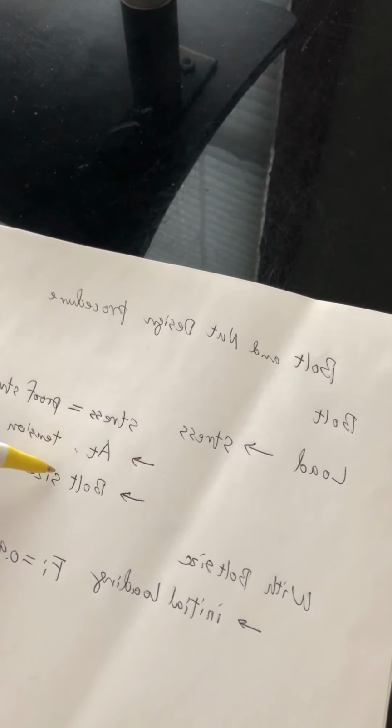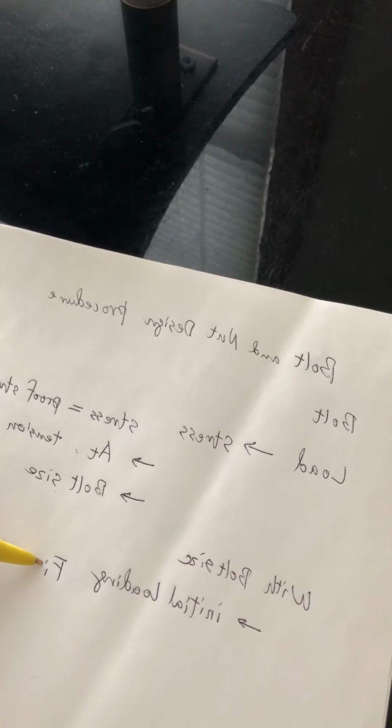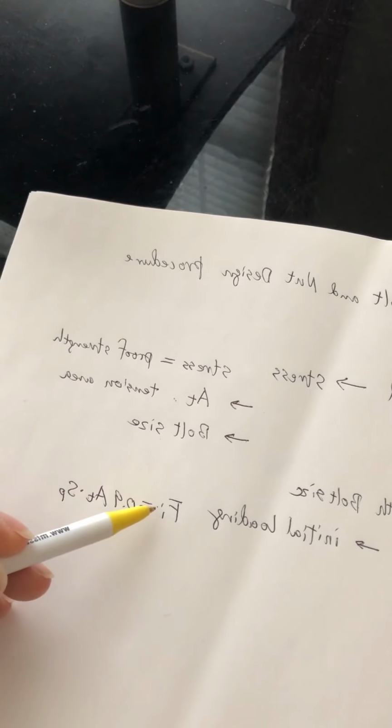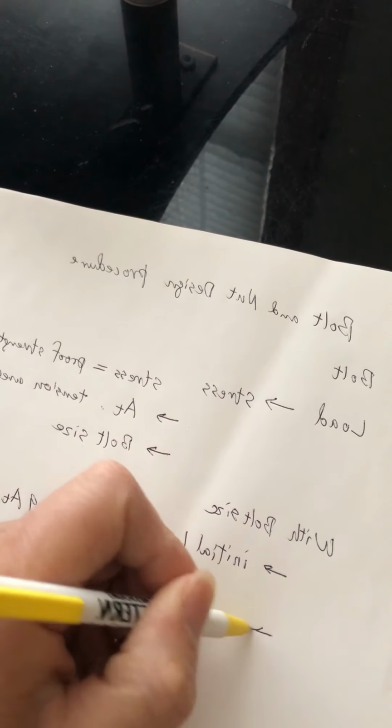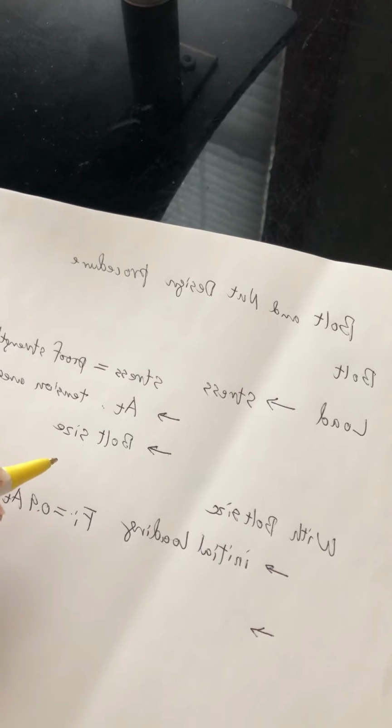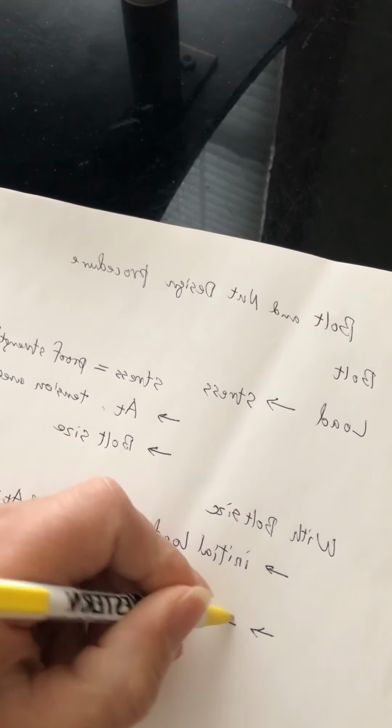I'll explain this later on. And then with the proof strength, you find out the initial loading here. So proof strength, initial loading. And from that, you can find out the tightening torque.